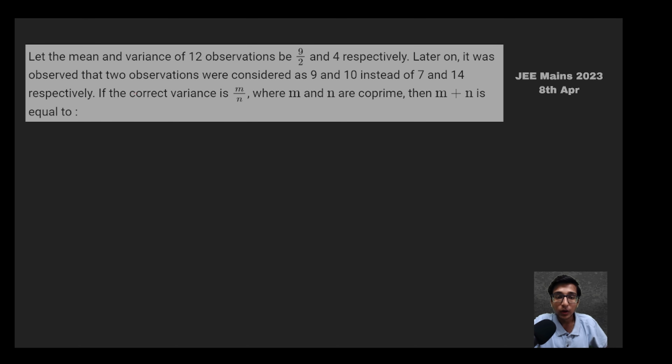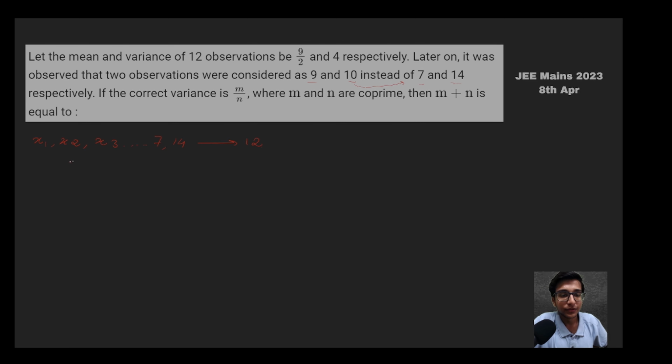So there were 12 observations, out of which 2 were incorrect. Now, instead of removing those 2 observations, we have to take the correct value of those 2 observations, which is 7 and 14. So let us first look at how we can do this. Let's say there are 12 observations. Let us consider 7 and 14 to be the last observations.